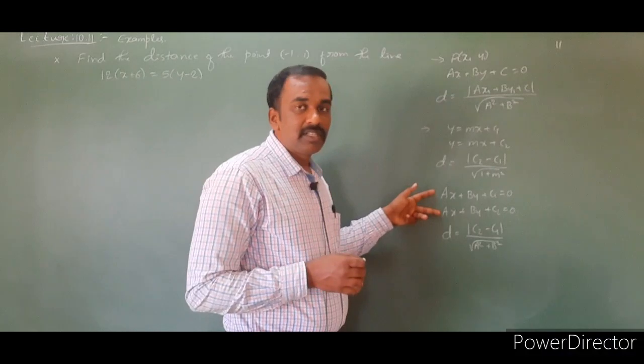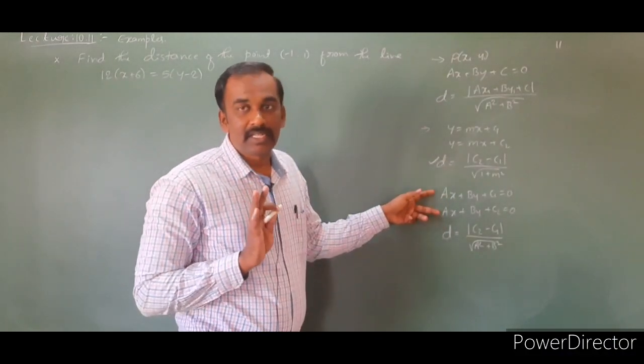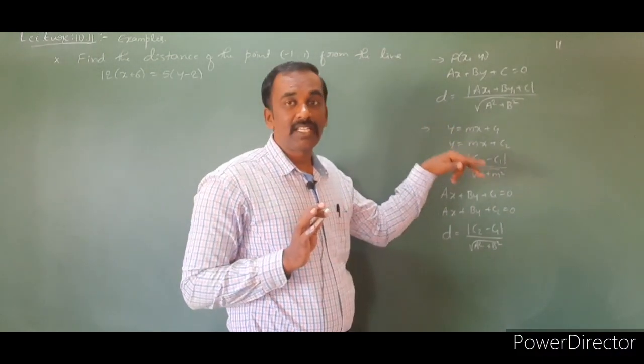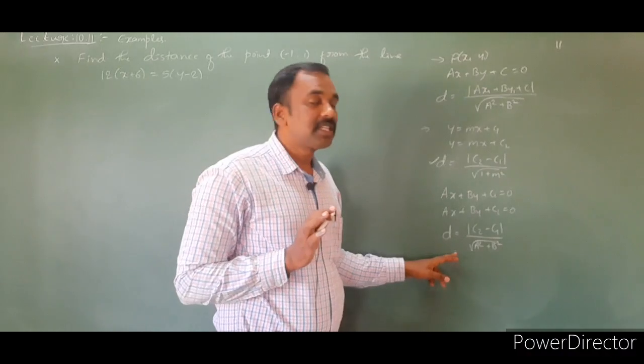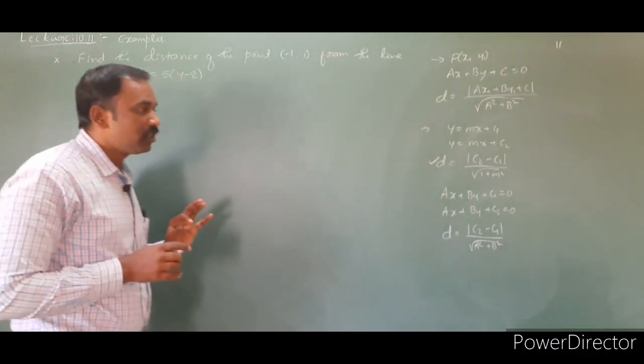If the lines are given in the general form and you use the other formula, then the answer will be wrong. So observe very carefully whether the lines are given in slope intercept form or in general form.